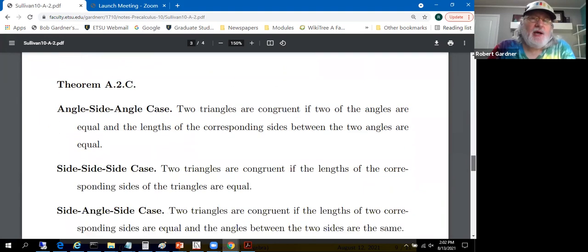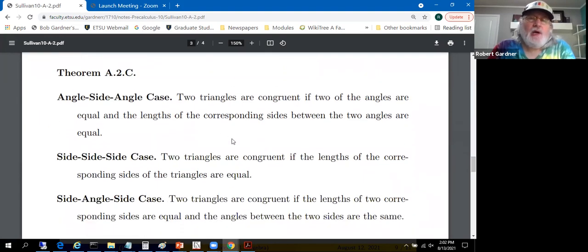But in high school geometry, you're likely to show two triangles are congruent if two of the angles are equal and the lengths of the corresponding sides between the two angles are equal. In other words, angle, side, angle. That's sufficient, ASA, to draw the conclusion that the two triangles are congruent. Two angles are the same and an included side.